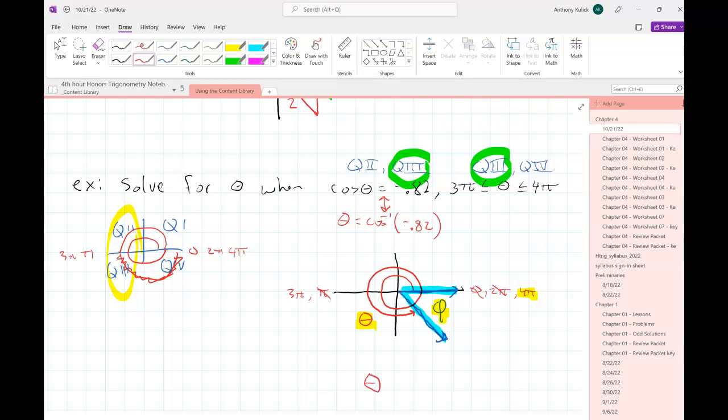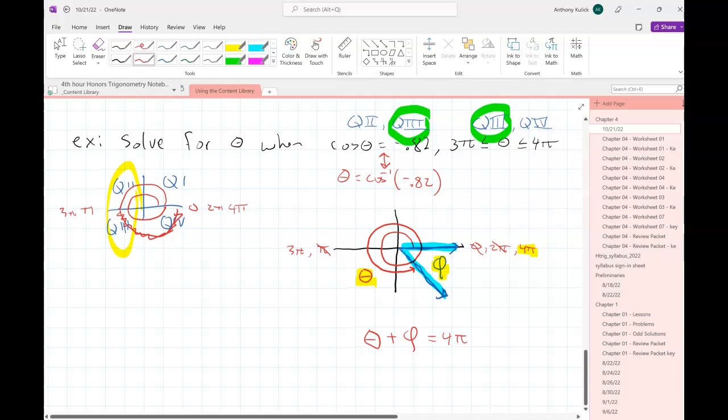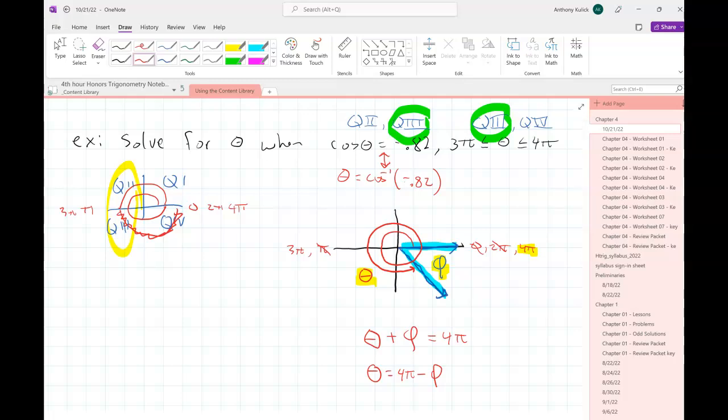How much less than 4 pi is it? Phi, right? It's just phi less. Everybody agree with that? Yes? Yeah. If I add theta plus phi, we'll just end up at 4 pi. So theta is just going to be 4 pi minus phi.